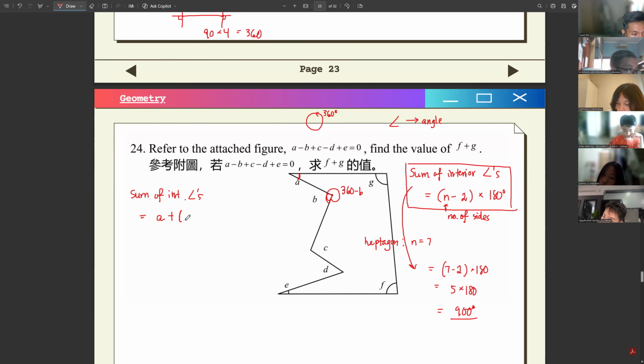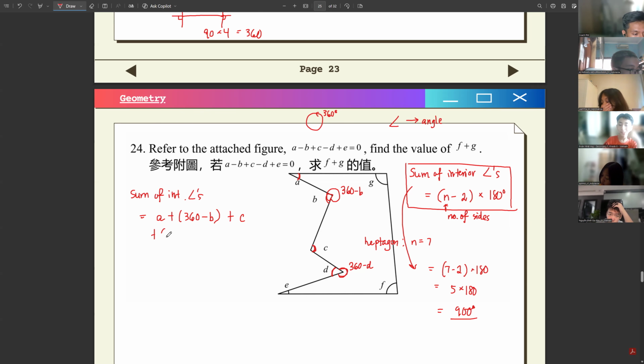So plus 360 minus B. What else? This is our next interior angle. This is C. And then this one is an interior angle inside the polygon. This D is an exterior angle, right? So this is also 360 minus D, no? Because they form a circle.